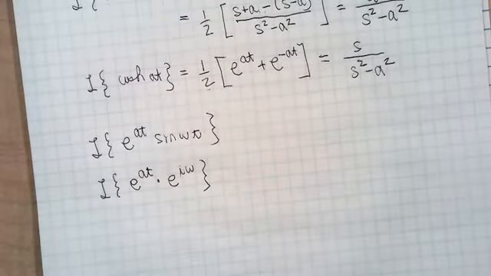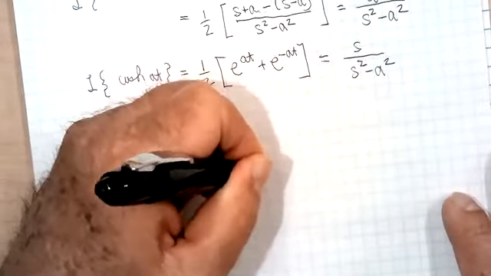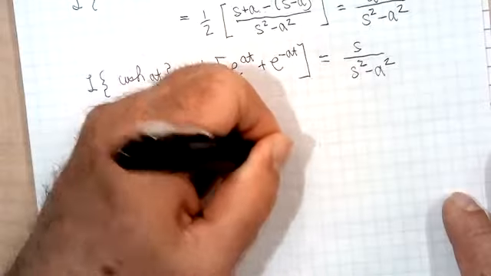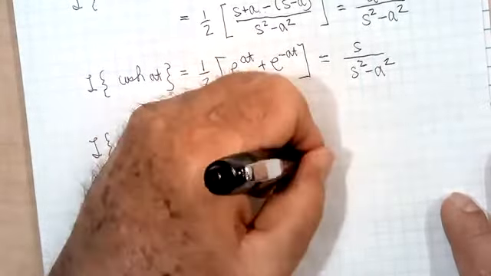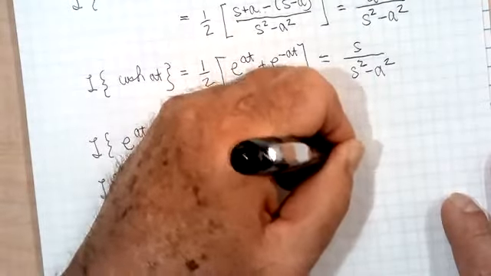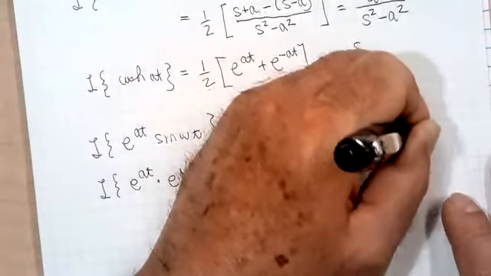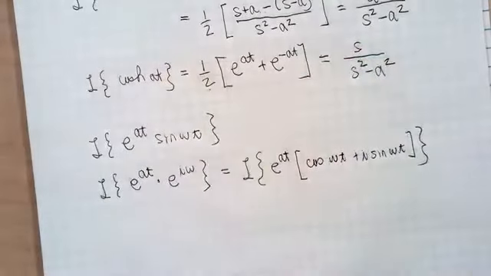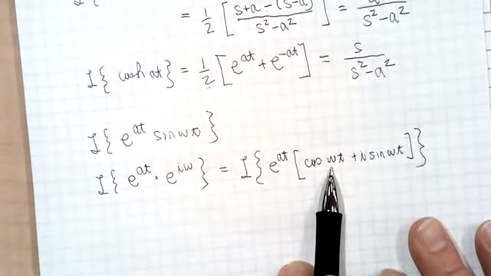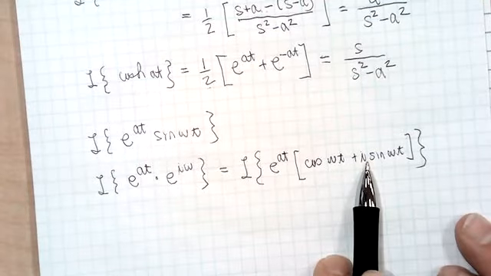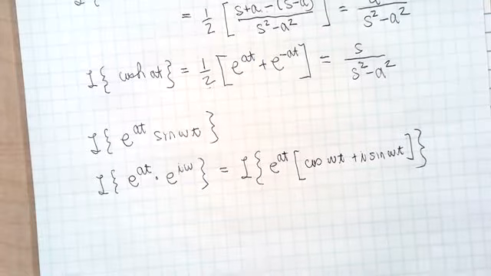Well, there's more than one way of looking at that. On the one hand, you could say e to the I omega t is cosine omega t plus I sine omega t. And that would split very nicely into real and imaginary parts. It's the transform of e to the at cosine omega t plus I times the transform of e to the at sine omega t. So that's a good way to start.